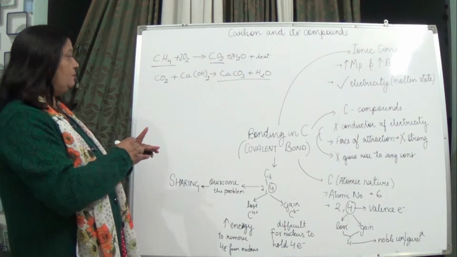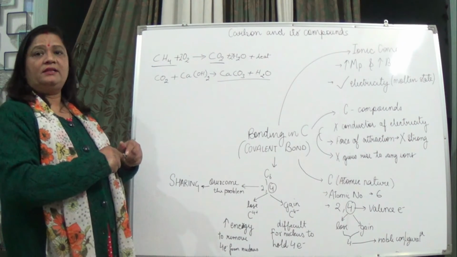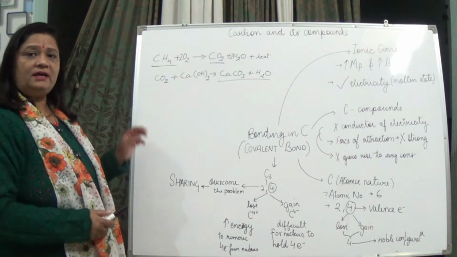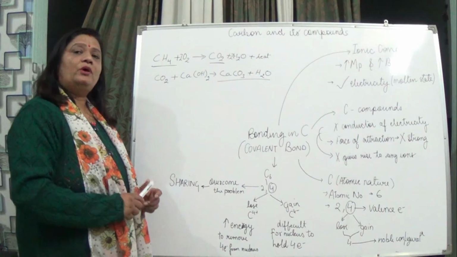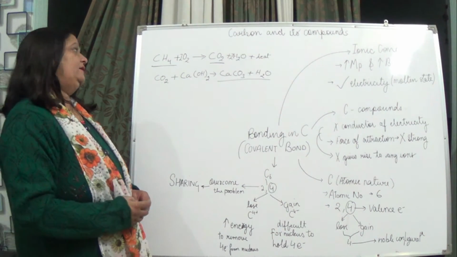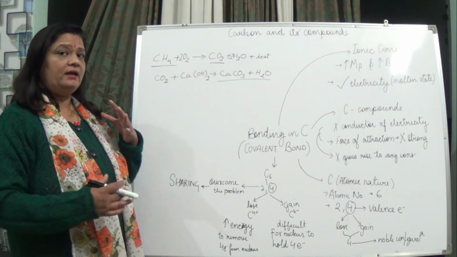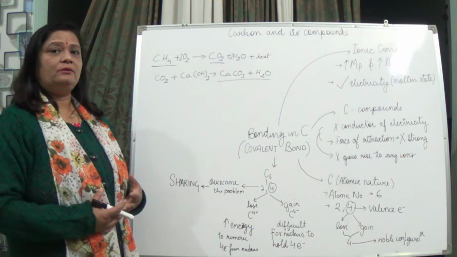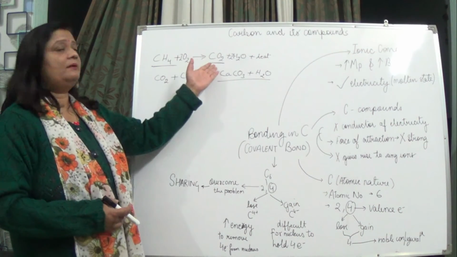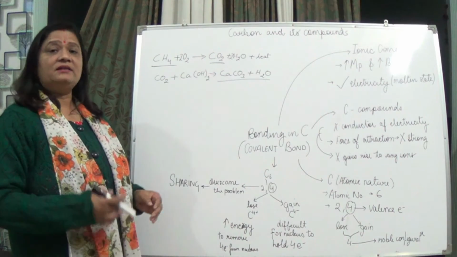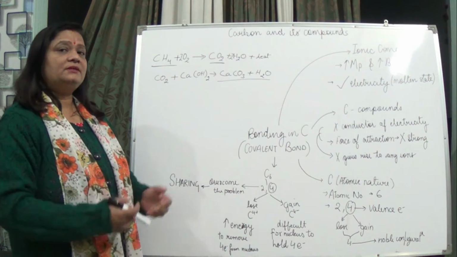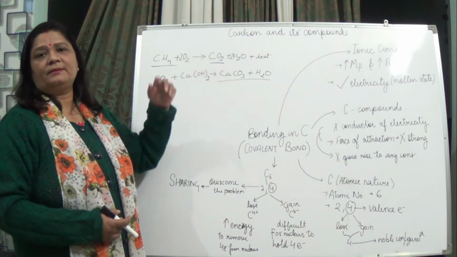This is how we can prove that carbon compounds, when heated, give out carbon dioxide, water and heat. Now, when plants are burned, we get carbon dioxide again. When animals are burned, we get carbon dioxide.